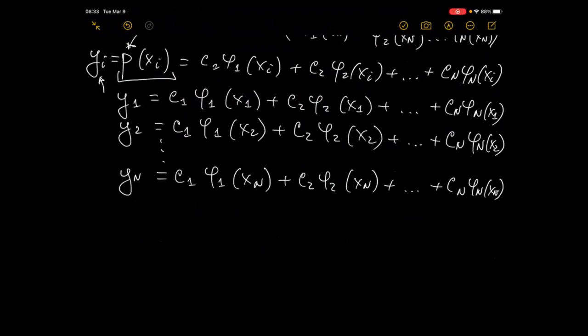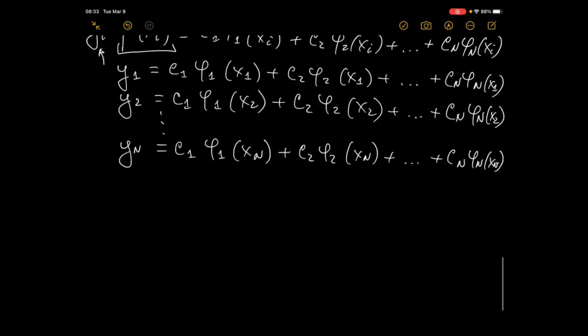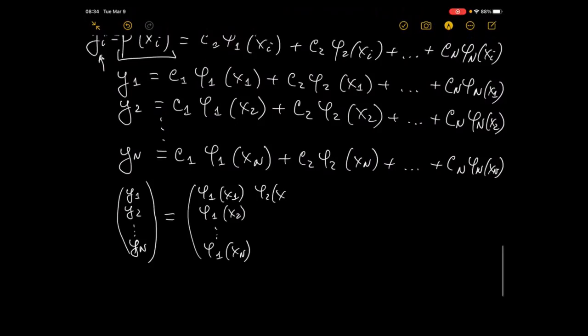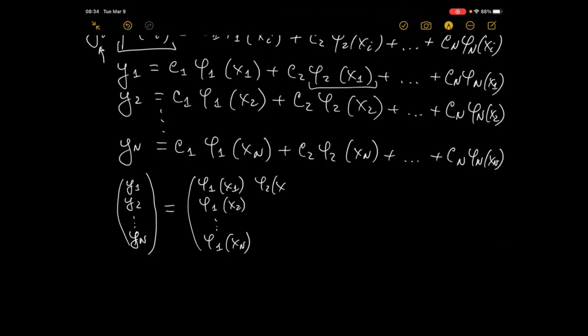But then, if you have a look, how can you write it? You can write it as a vector of y's equal to, and here is exactly phi1(x1), phi1(x2), phi1(xn), then phi2(x1), phi2(x2), and so on, phi2(xn).